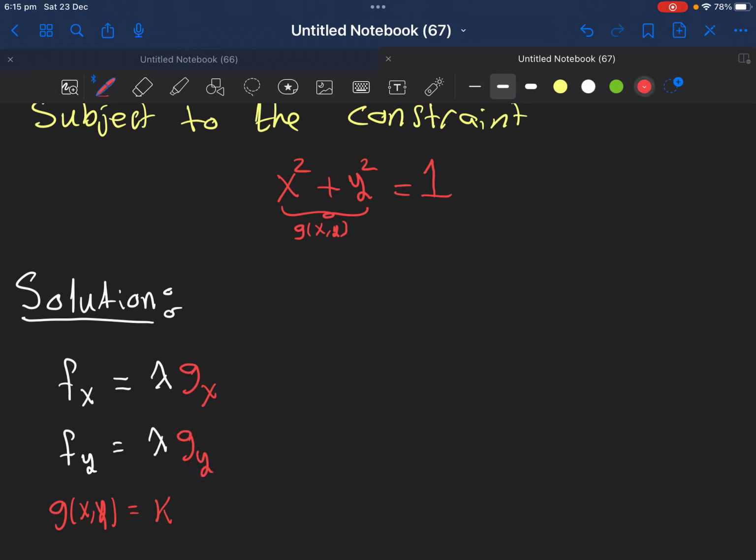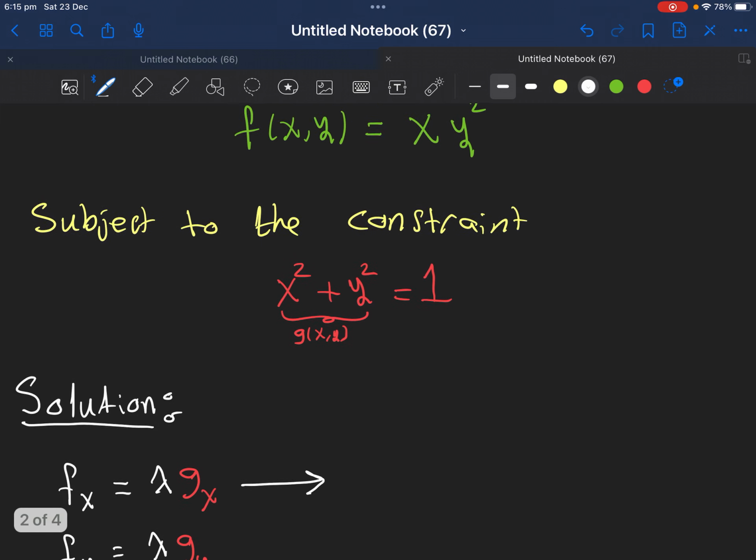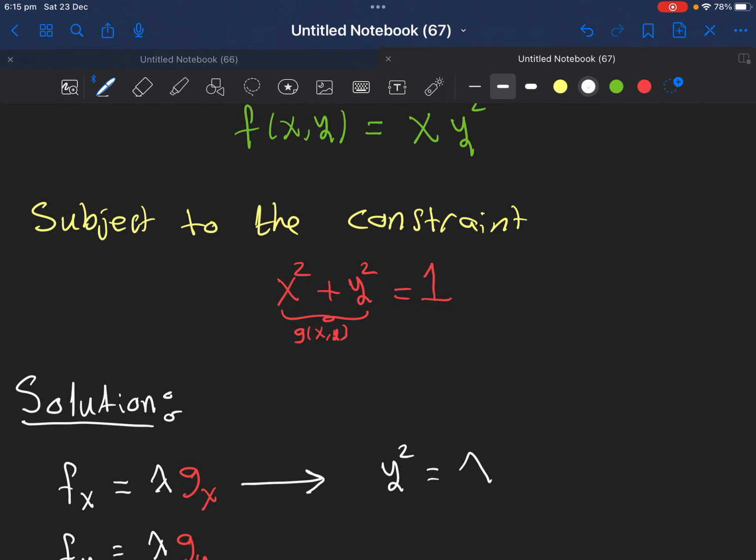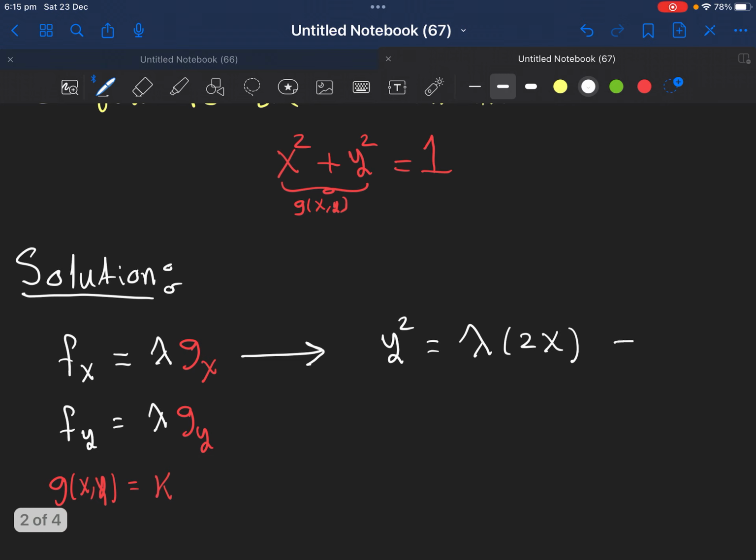Now we have 3 equations. Let's write them down and then we can discuss them more. So the first one, if we do f_x, this is just giving me y squared equal lambda times g_x, which is only 2x here. This is equation number 1.